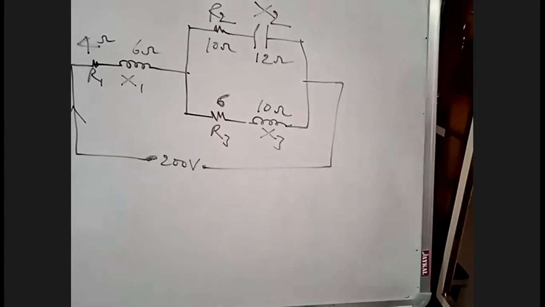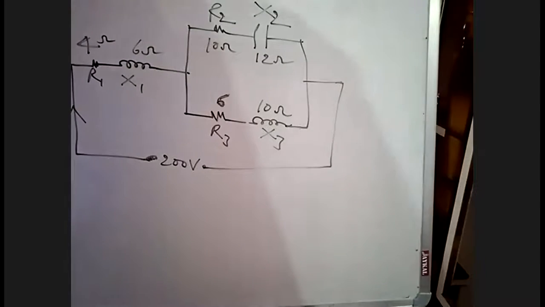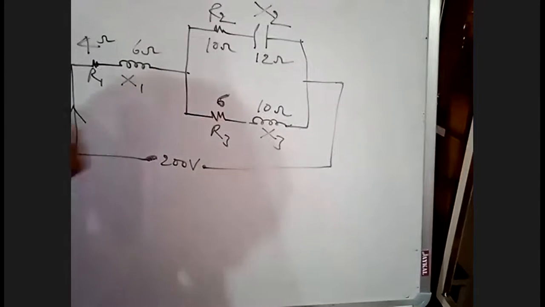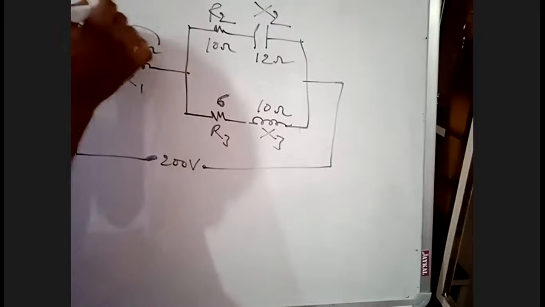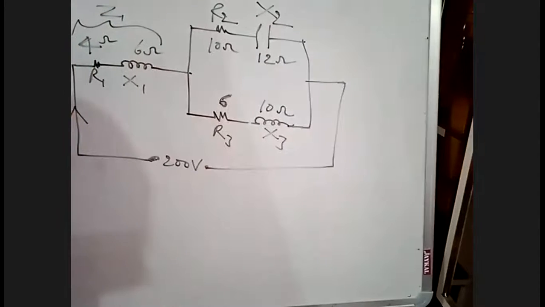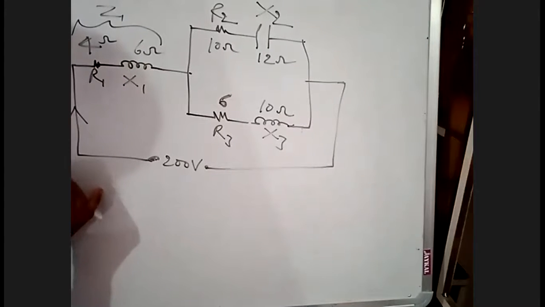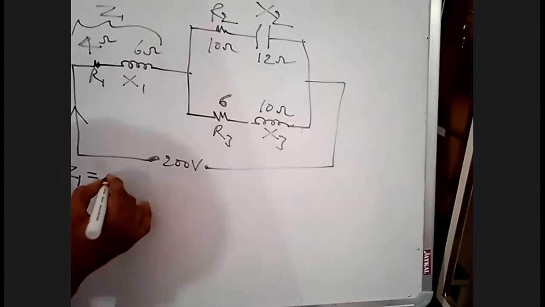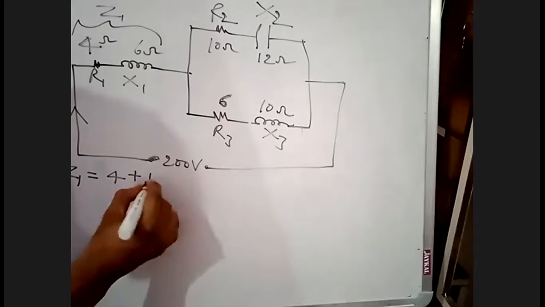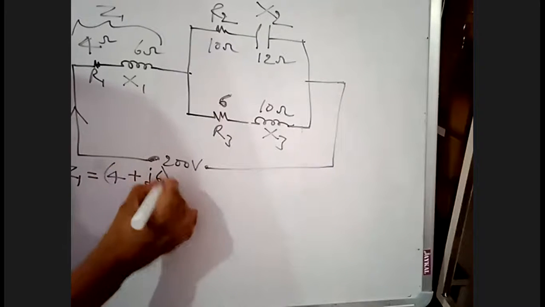Now see here. I am taking this one as Z1. Now tell me what is Z1? 4 plus J6 ohms.